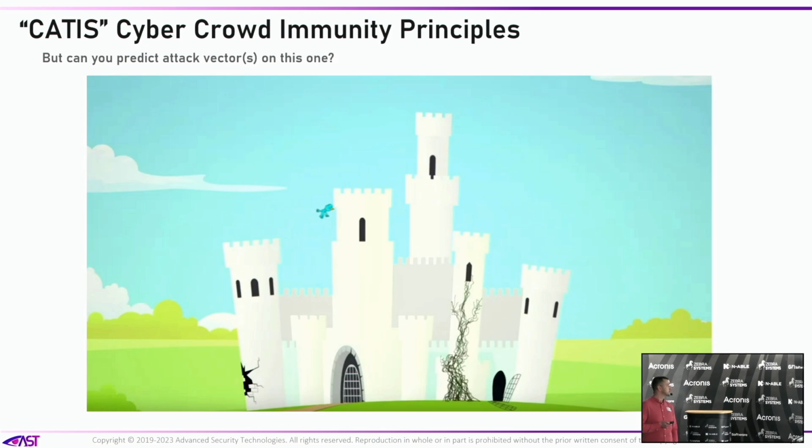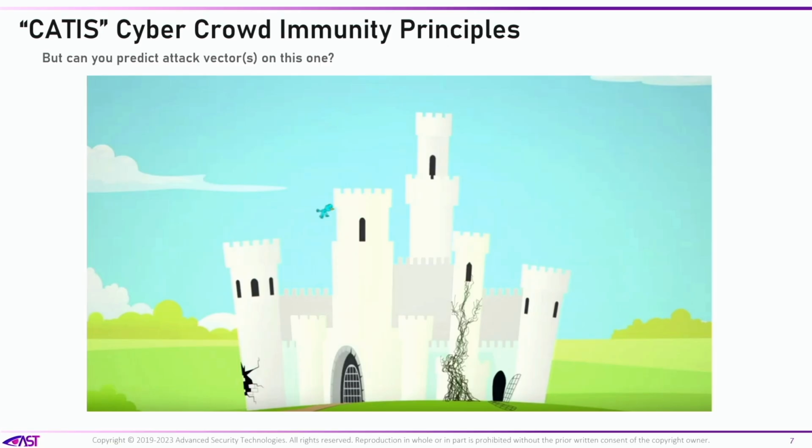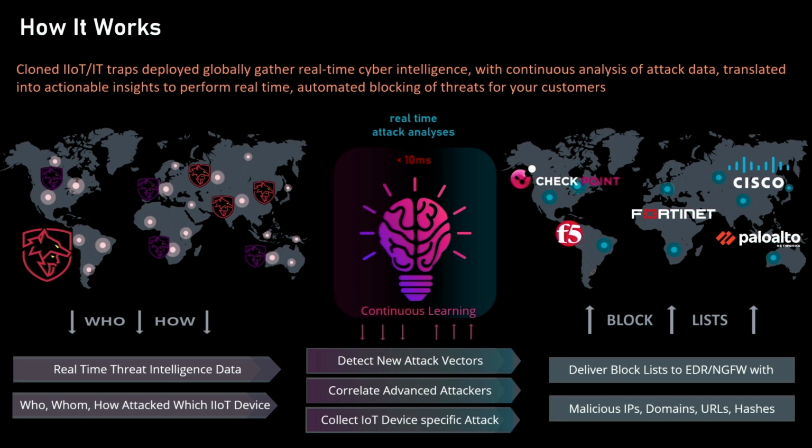So what is CyberTrapper and how does it work, or our cyber crowd immunity principle. CyberTrapper clones any industrial IoT or IT device and puts it on your network for attackers to get trapped on.